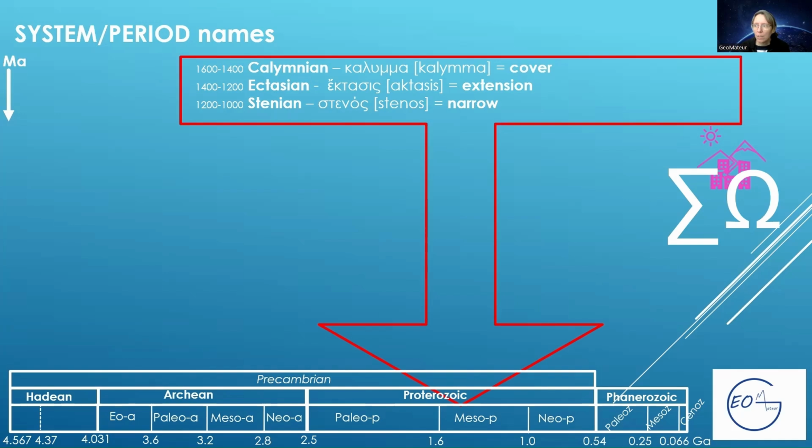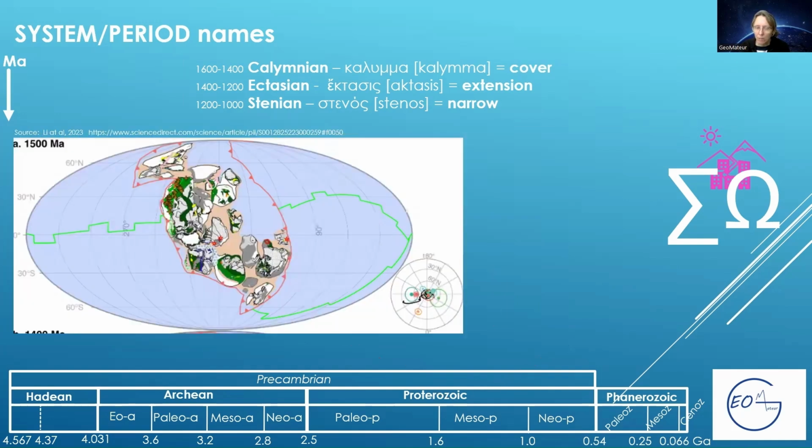The name Calymmian comes from the Greek word meaning cover, and it's connected to the expansion of platform covers, the layers of rock that formed over older cratons.